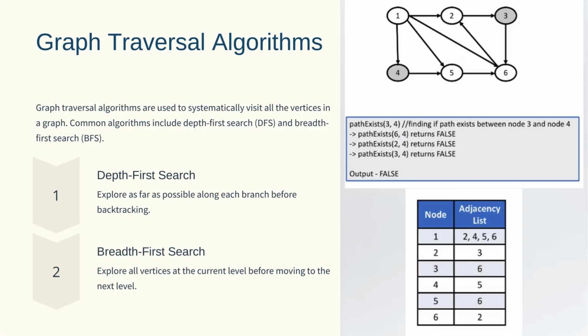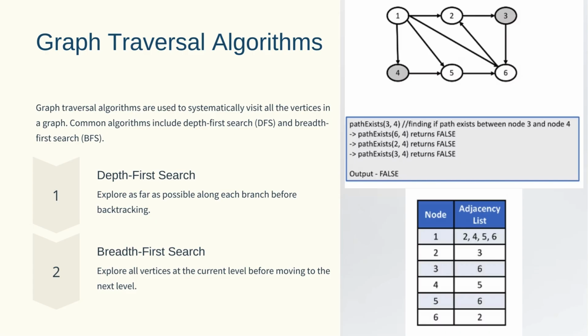These algorithms are essential for solving various graph related problems, such as searching for specific nodes, checking connectivity, finding shortest paths, and more. Depth first search. DFS explores a graph by starting at an initial vertex and exploring as far as possible along each branch before backtracking. This is used in pathfinding, detecting cycles in graphs, and solving puzzles like Sudoku.